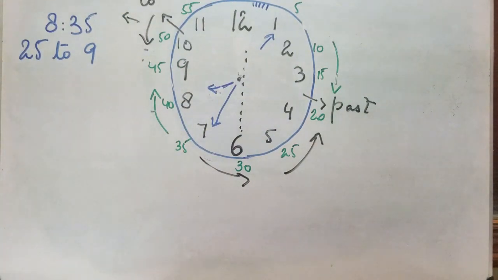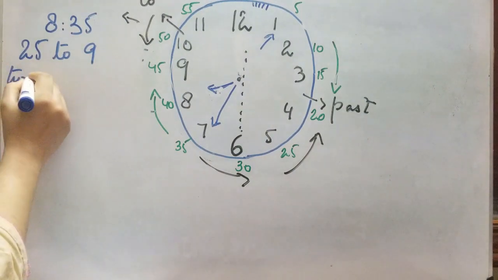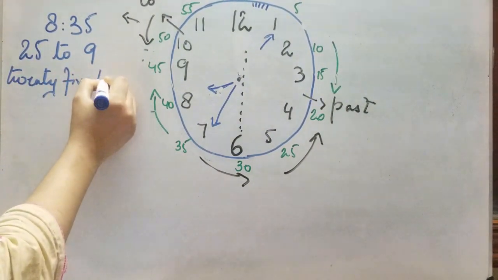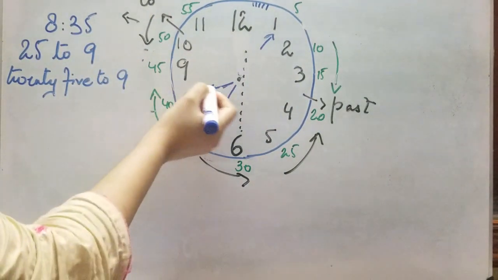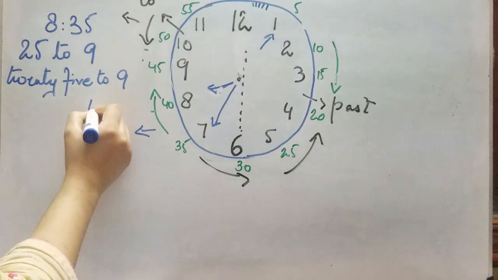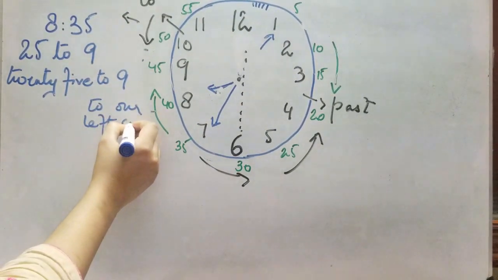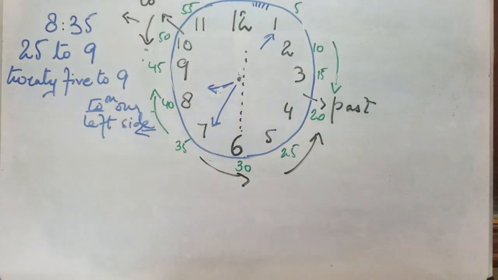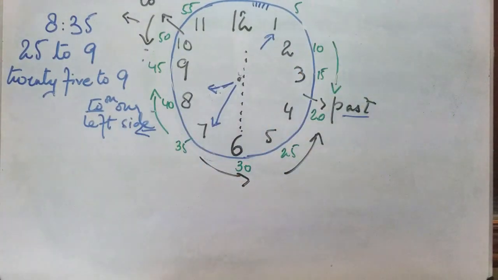So how am I going to read this? 25 to 9. Like I told you earlier, we are going to use to on our left side, and for your right you are going to use past, right?